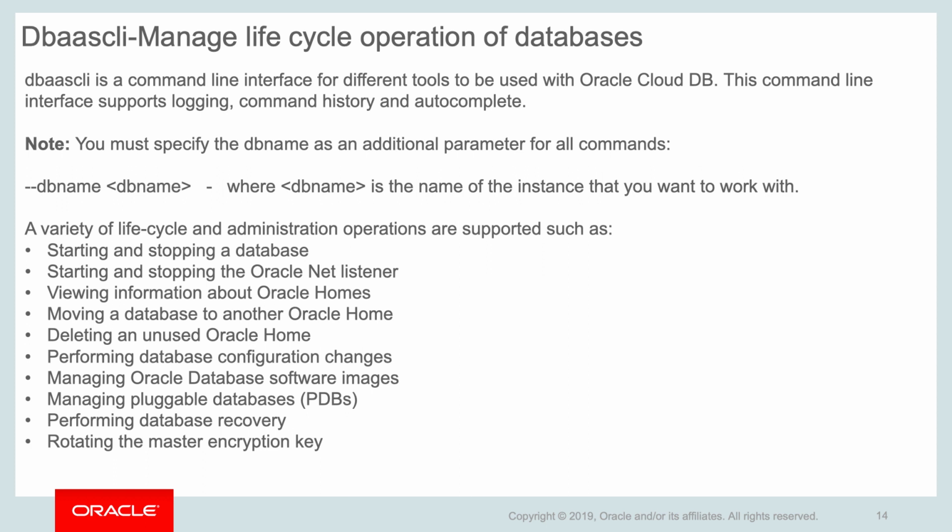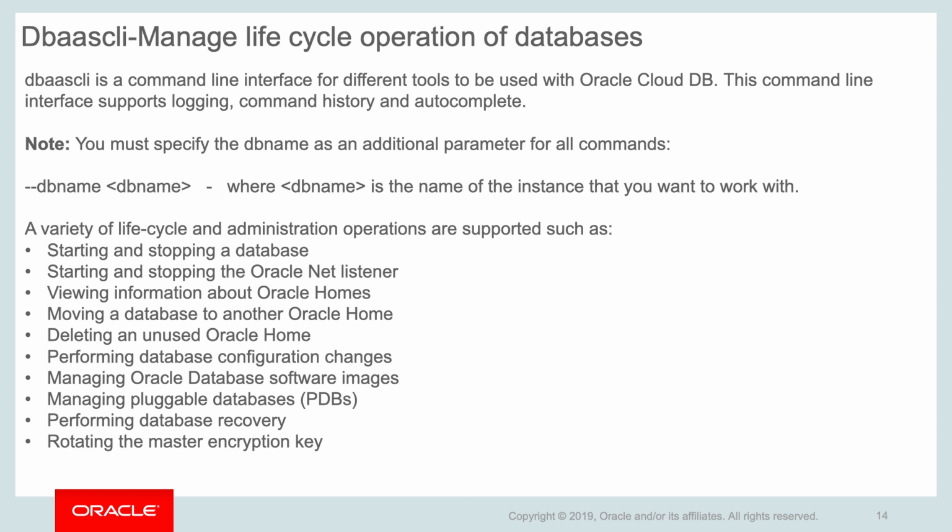Pretty much all these database-specific operations are common, whether it's running on Exa or on a normal VM or bare metal database. So pretty much everything when it comes to managing the lifecycle. The only thing is that this CLI takes input like --dbname, and you have to specify the database name with which you want to work.